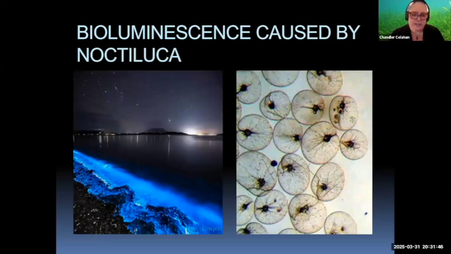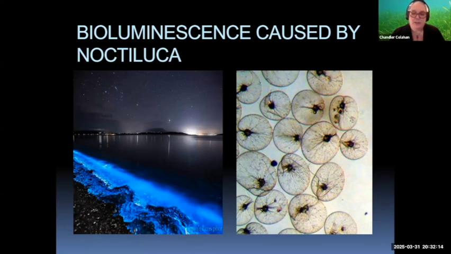Here in the Salish Sea, we also have another type of red tide that is not harmful to humans. It's caused by an organism called Noctiluca, which has the unique ability to create bioluminescence. Bioluminescence is an organism's ability to create a non-thermal, or cold, light via a chemical process.